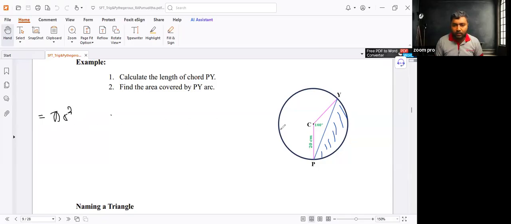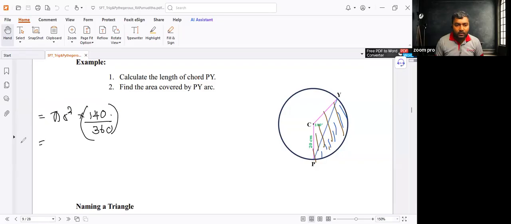Okay, but in here, only the 140 degree part is given. So I can write pi r squared into 140 divided by 360. From this part, you will get the entire area for this.